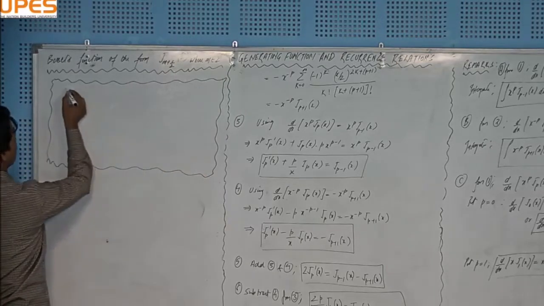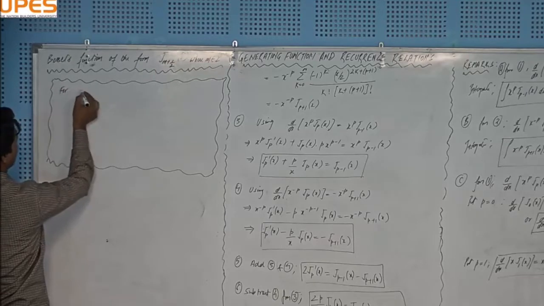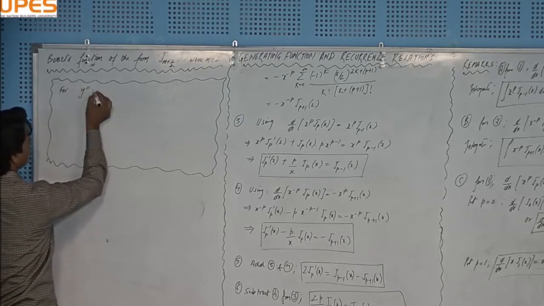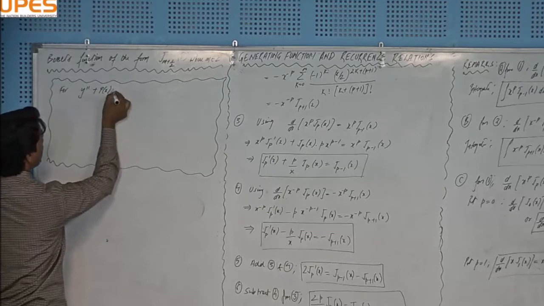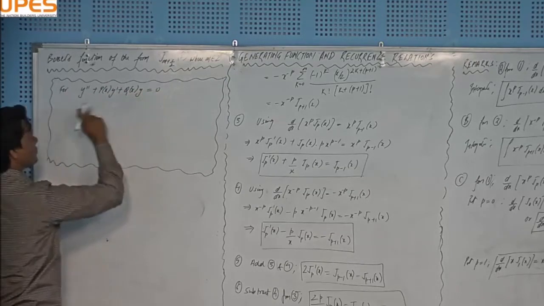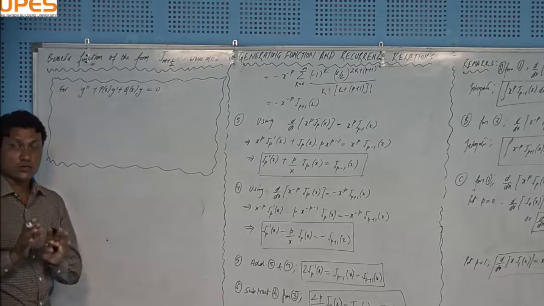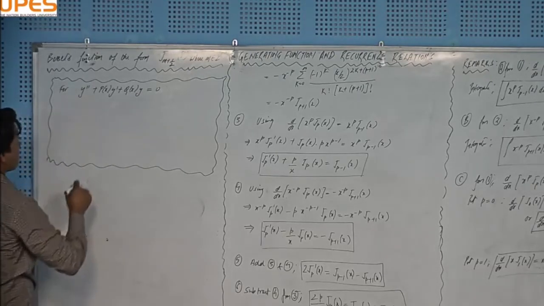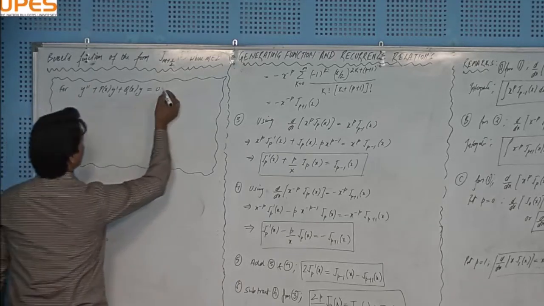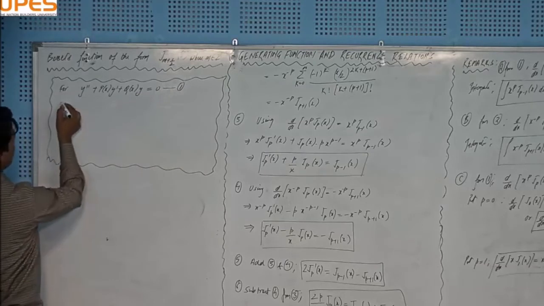So you have a second order differential equation of this type, y double dash plus p(x) y dash plus q(x) y equal to 0. You have a differential equation of this type where p(x) and q(x) are functions of x, they are not constants, right? Okay, then this differential equation I will call equation one, right?